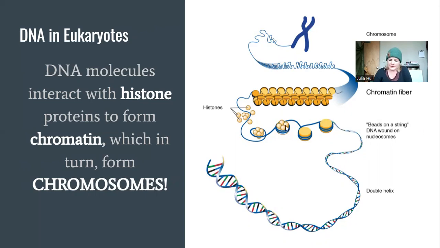And then the DNA molecule winds up around those histone proteins to form chromatin, which is going to eventually, once we get a bunch of it, form our chromosomes. And so we have a nice little compact storage unit for our DNA. So that becomes really important. And this is only found in eukaryotes.